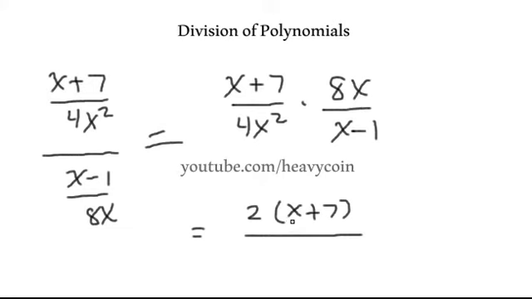So that's all we're left with in the numerator. We canceled out one of the x's, we're left with an x, and this is going to be x minus 1. And if you like, you can distribute this 2 across and the x across, but I'm going to leave it right there.